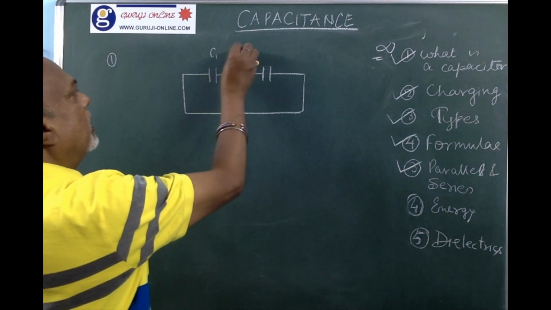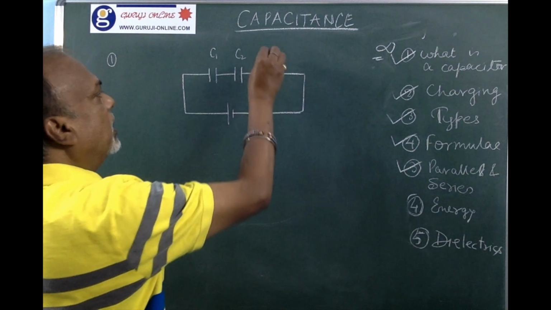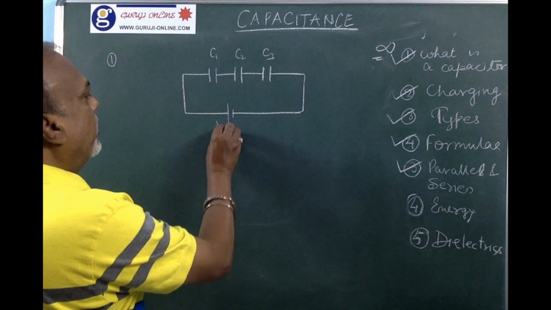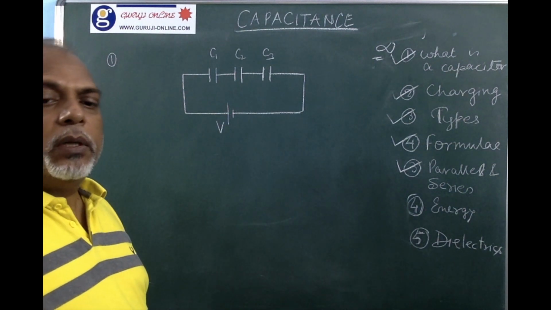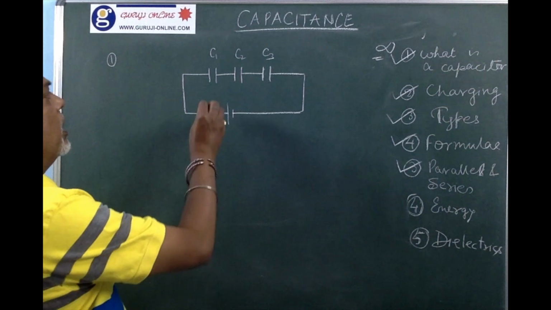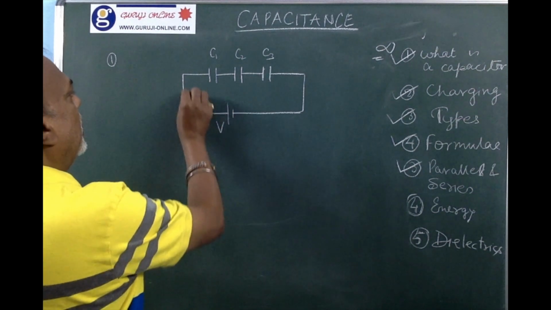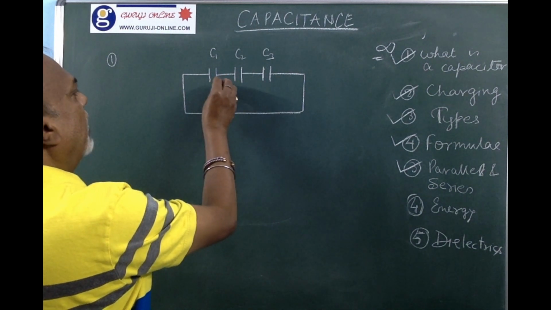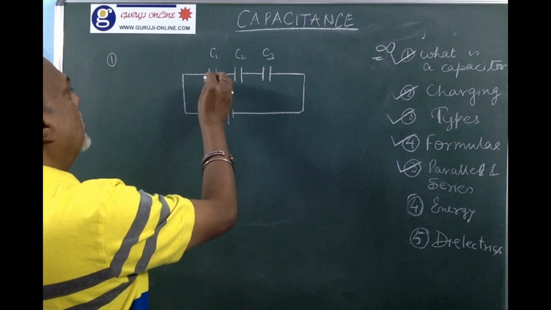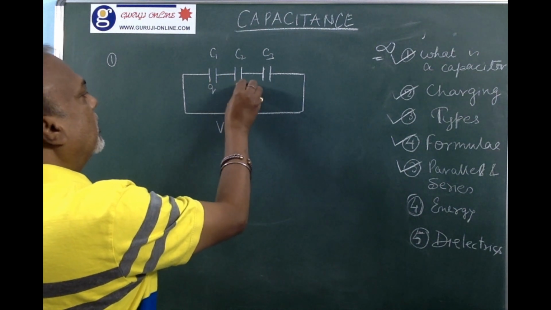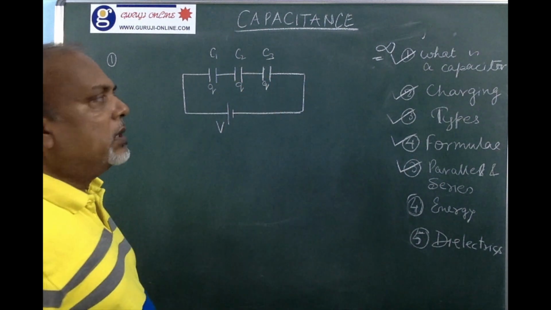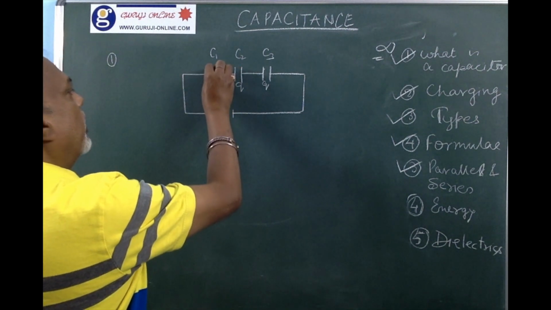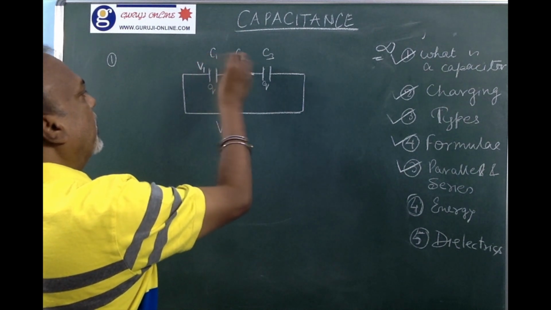Here C1, C2, C3 capacitors are there, and here V. So in this case, what will happen? Naturally, this terminal is connected here, then the next terminal is different, so each will have a different voltage but the same charge. The charge will flow the same, but the voltage will be different here.